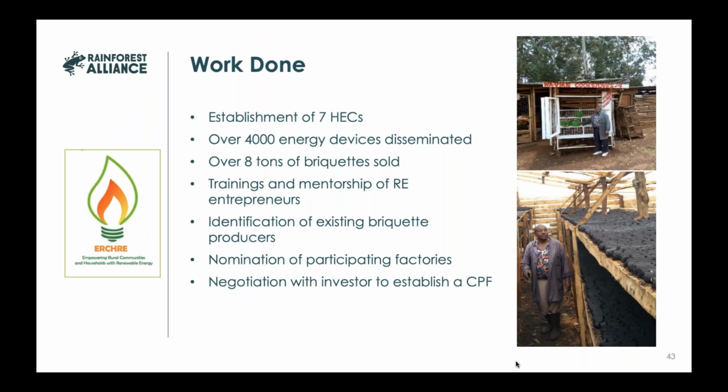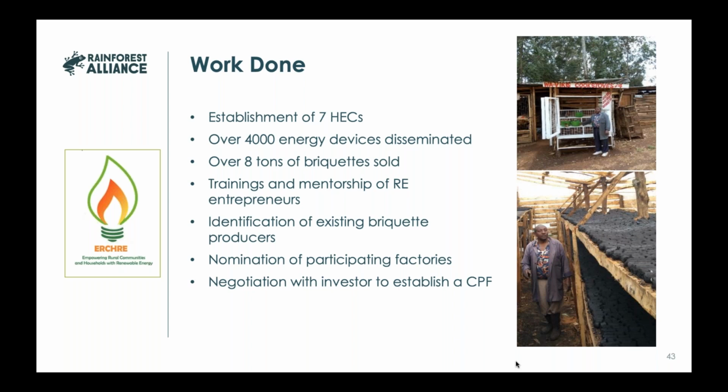Next. Work done so far: we've established 7 HECs. Through these HECs we've disseminated over 4,000 energy devices, both efficient cook stoves and solar household devices. We've produced and sold over 4 tons of briquettes for households so far, and trained and mentored renewable energy entrepreneurs.